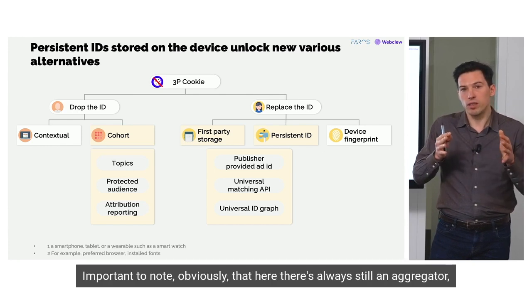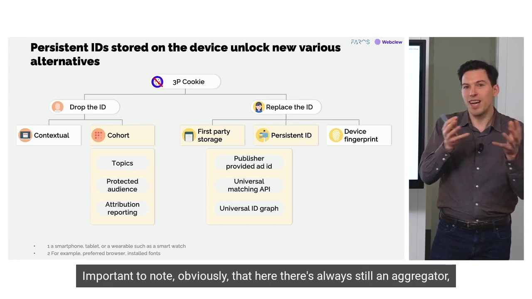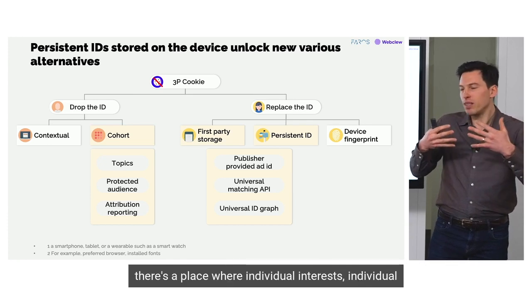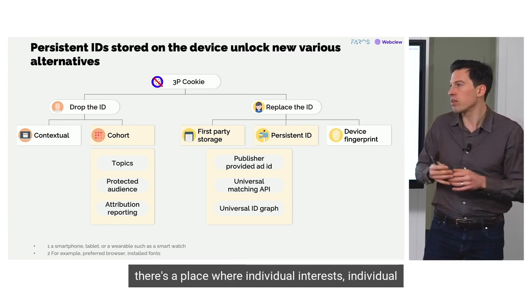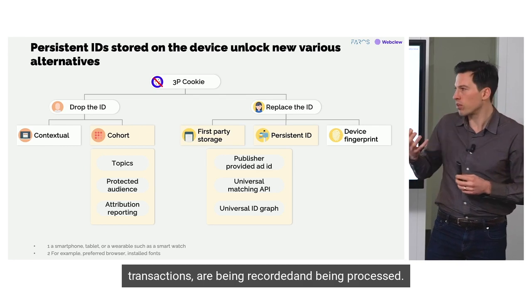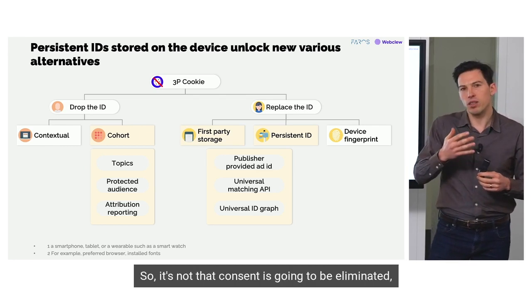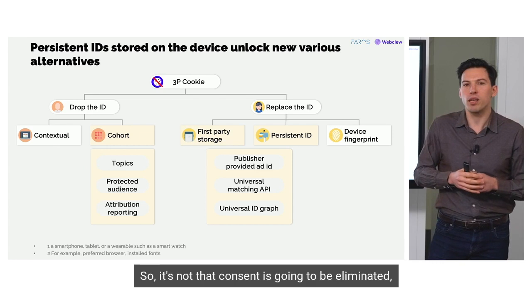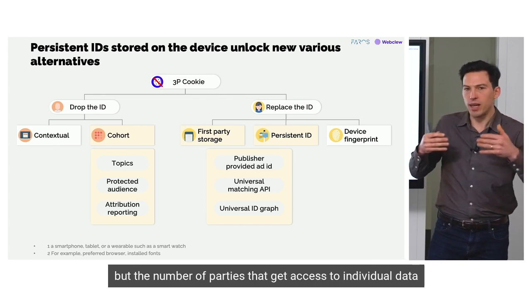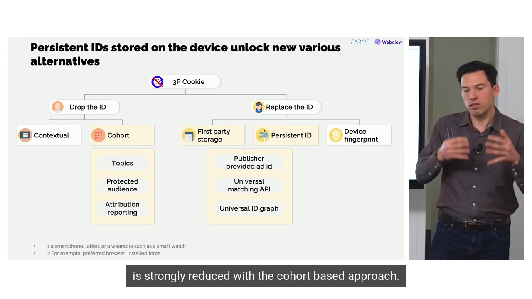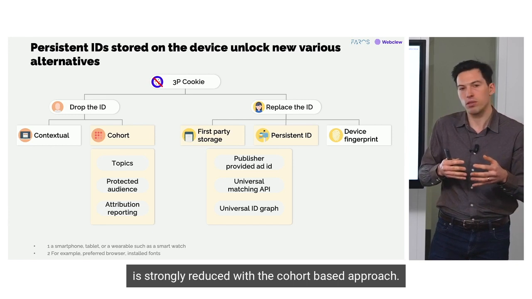Important to note, obviously, is that here there's always still an aggregator. There's a place where individual interests, transactions are being recorded and being processed. So it's not that consent is going to be eliminated, but the number of parties that get access to individual data is strongly reduced with the cohort-based approach.